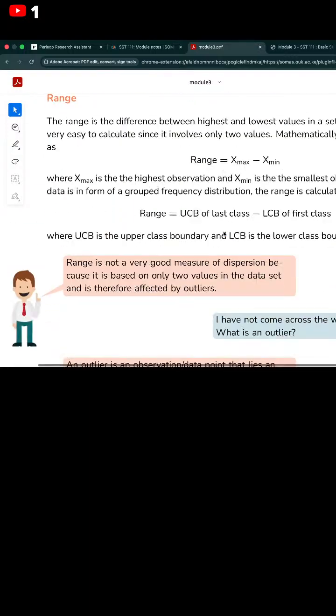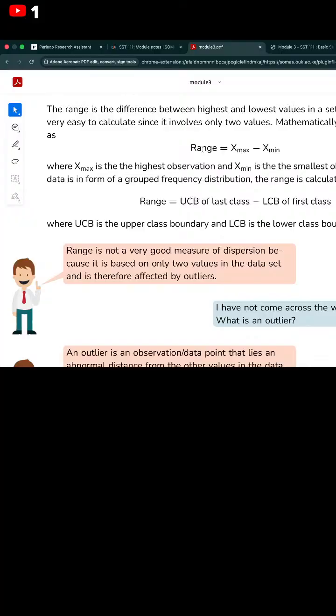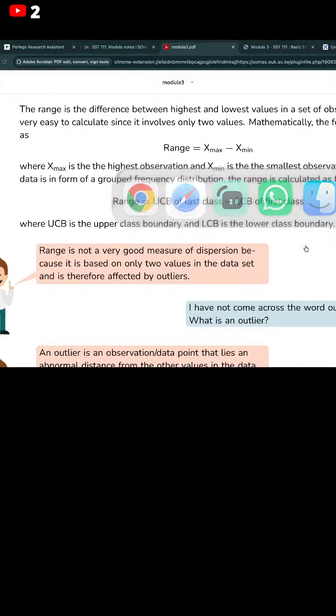So this is where we are. Then to be able to do a range for grouped data, let's try that.